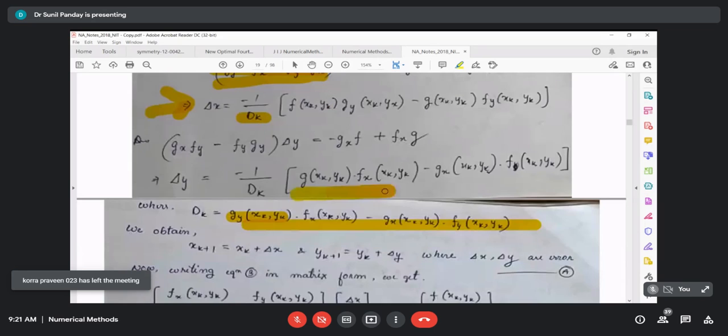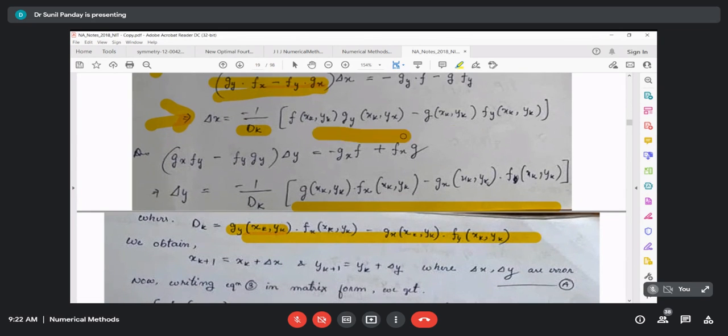After simplification, you have delta y equals this, and dk remains the same: gy(xk, yk) fx(xk, yk) minus gx(xk, yk) fy(xk, yk). So you have obtained the error in xk, and you have obtained the error in yk.